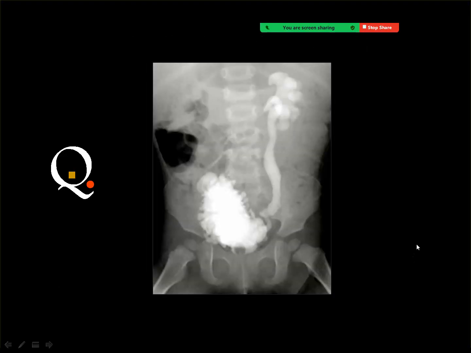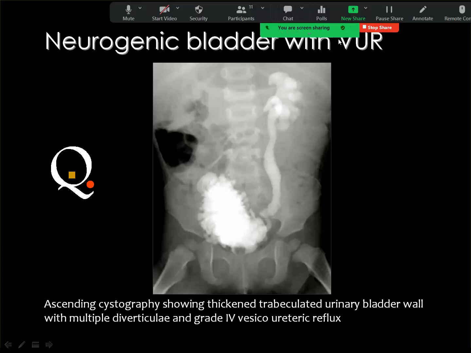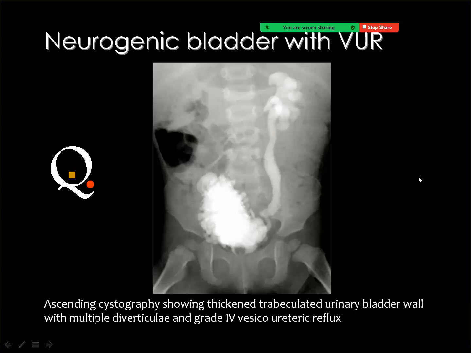Here is an ascending cystourethrography of the child, as you can see, showing the disappearance of the urinary bladder as well as the kidney. Okay, the answer has been shown. This is a neurogenic bladder.